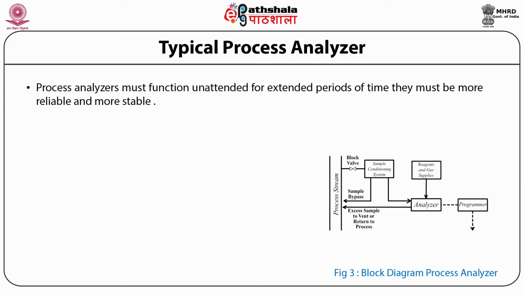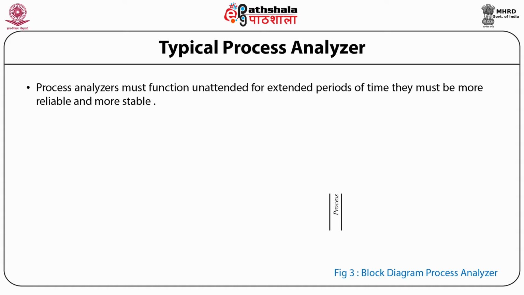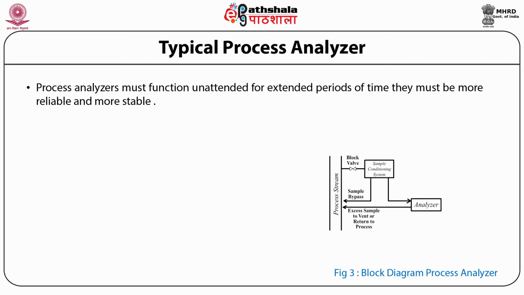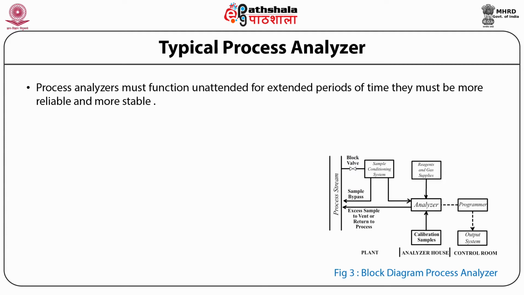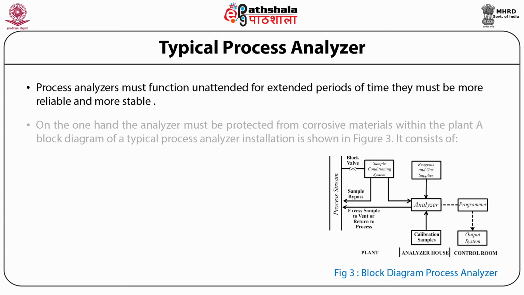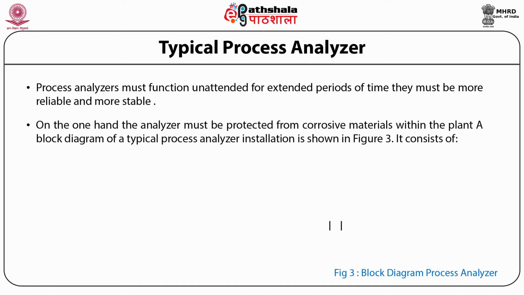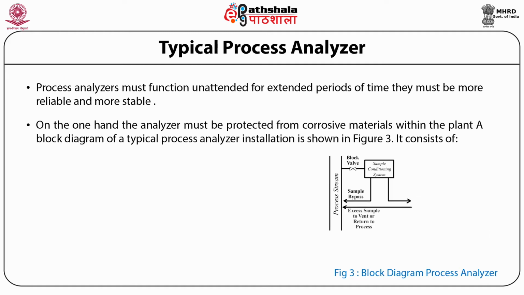Because process analyzers must function unattended for extended periods of time, they must be more reliable and more stable than the corresponding laboratory instruments. Furthermore, chemical plants provide a relatively hostile environment for analytical instruments. On the one hand, the analyzer must be protected from corrosive materials within the plant.